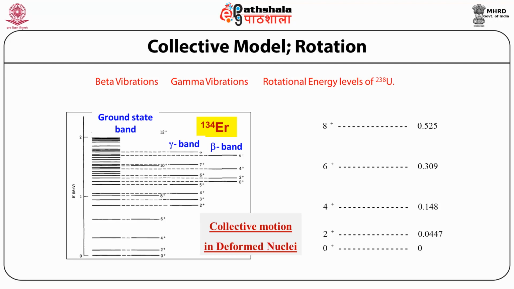Here we can see that the energy separation between two successive levels increases in the order I into I plus 1. So it is a typical rotational energy sequence for an axially deformed nucleus.